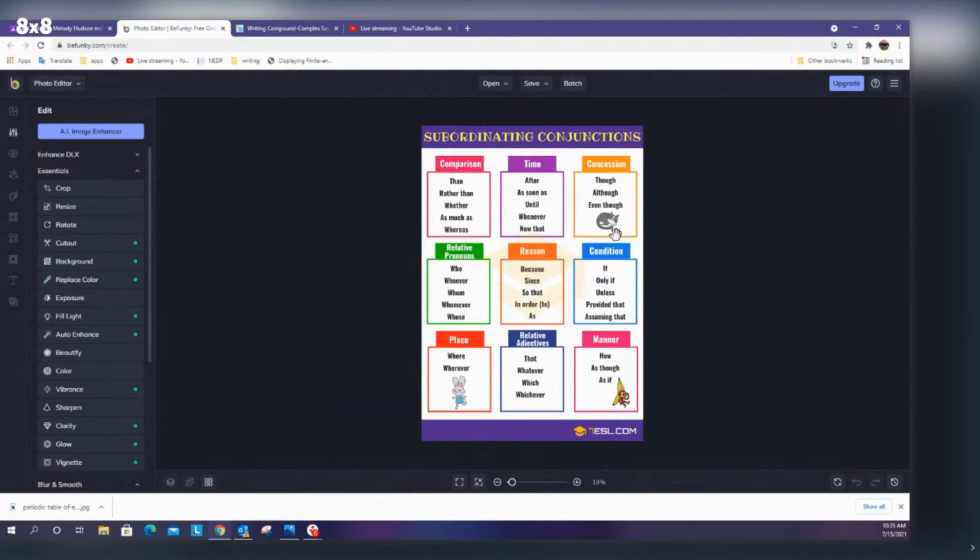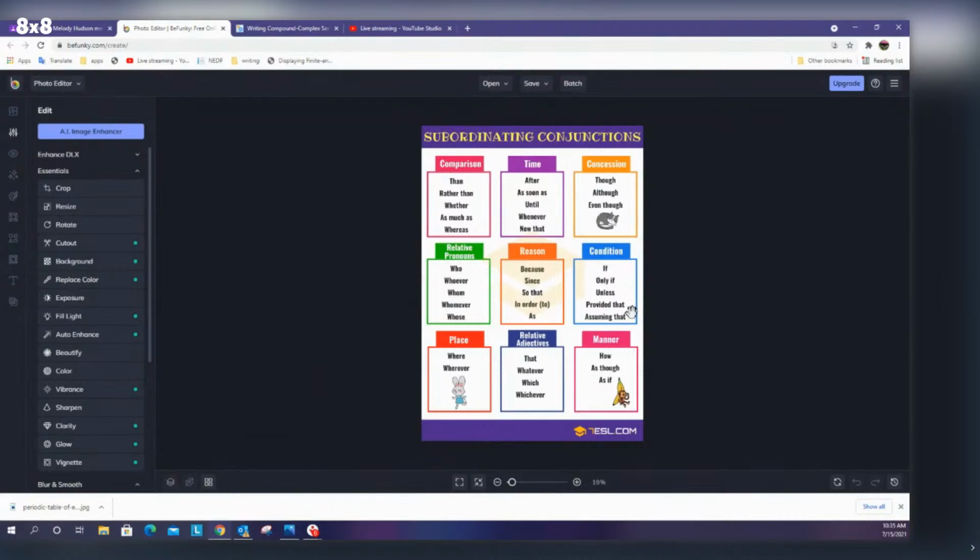Even though, I'm giving you that, it's called a concession. Relative pronouns: who, whoever, whom, rather than I, she. So we're speaking in general. And then a reason: because, in order to, since. And then a condition: if, only if, unless, provided that.